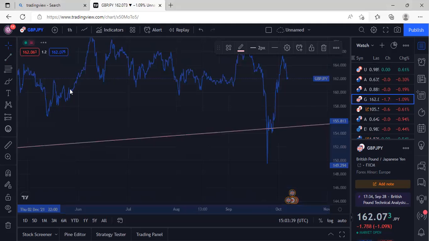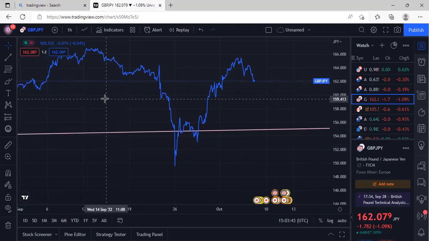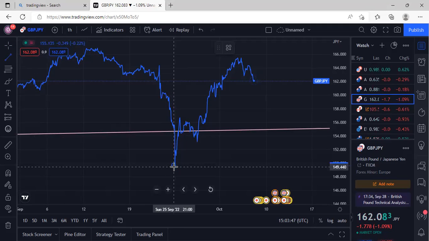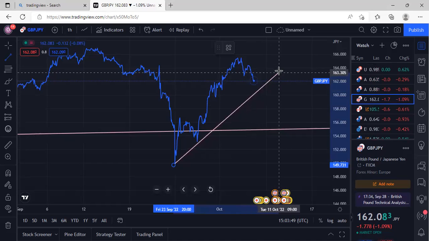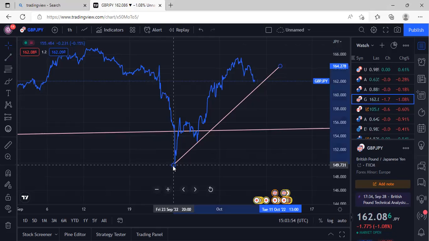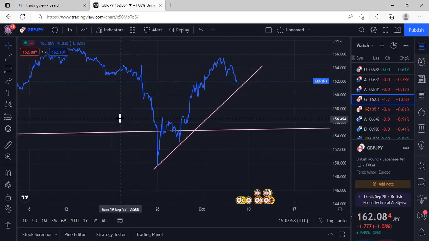Let's just go to the 1 hour chart so that I can show you some more ways on how to draw a trend line. So you pick that particular trend line, place it right here, then you draw it way up. So what are we seeing in the market right now?